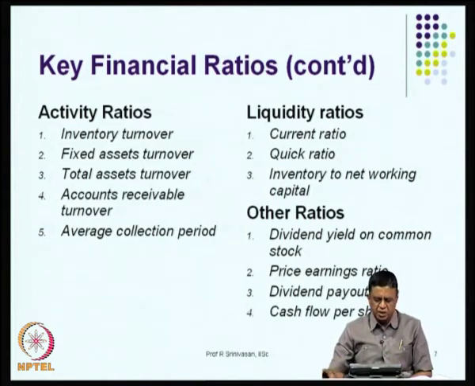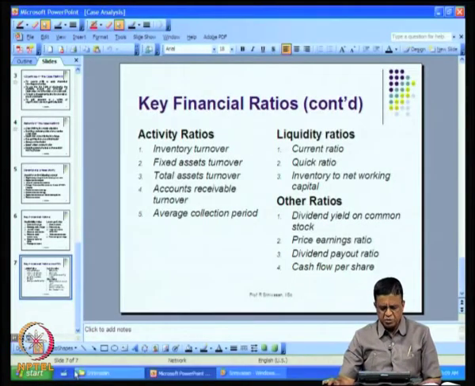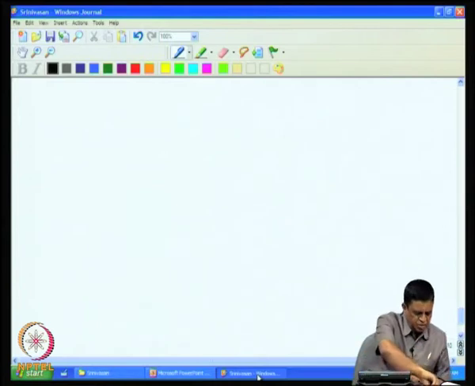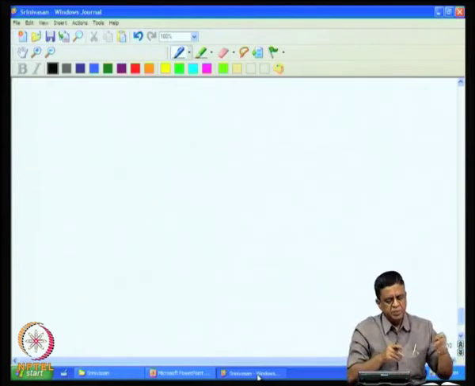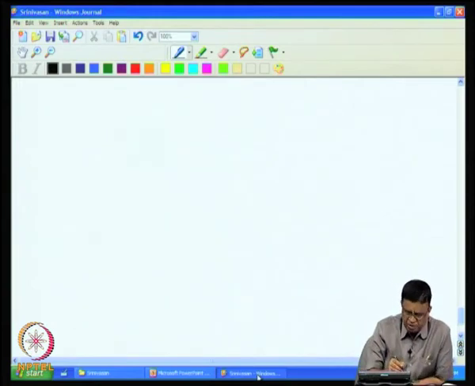Dividend yield on common stock. How do you calculate the dividend yield on common stock? If you look at how to calculate it, we can give the formula.